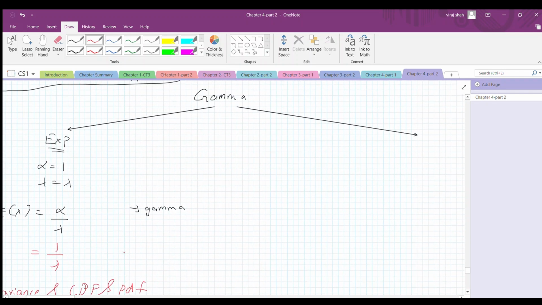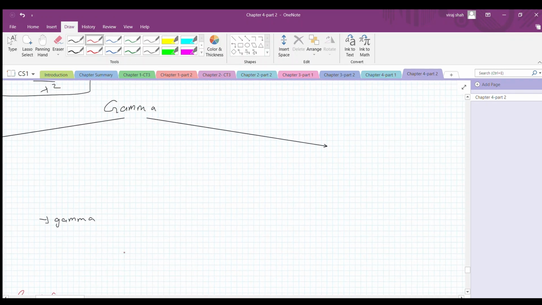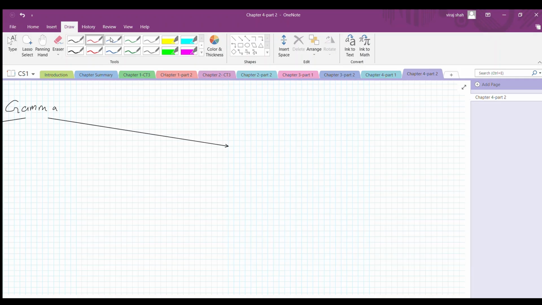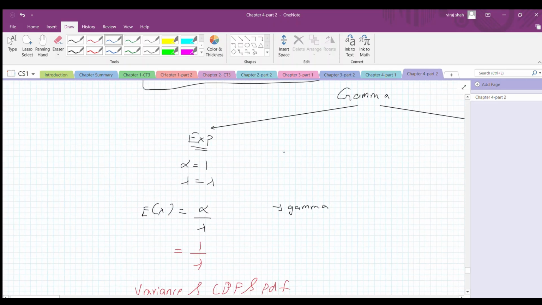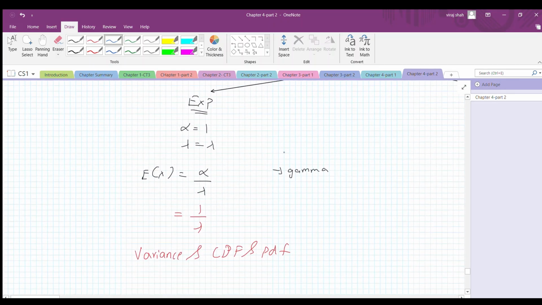Gamma is linked to another distribution as well, which is known as chi-square. So gamma is linked to exponential when alpha is equal to 1 and lambda equal to lambda. We proved it for exponential. We could even prove it for variance, CDF and PDF. It's not necessary to prove, but then also I proved it for one. I proved expectation for you. But if you're keen on knowing even the variance, CDF and PDF, you could prove it for yourself. It's okay. It is damn easy.